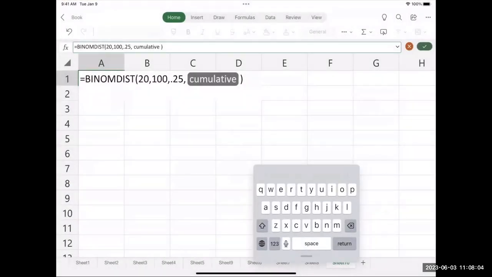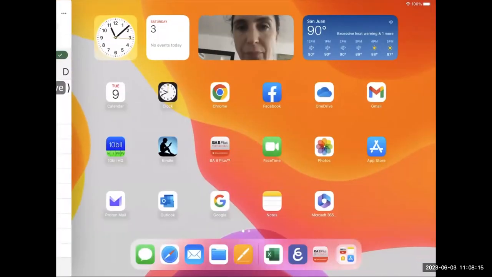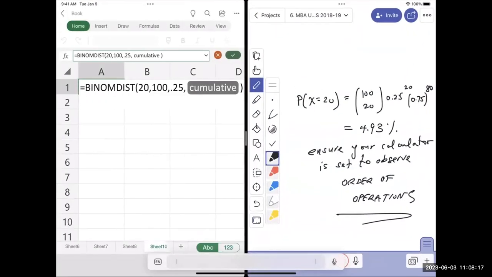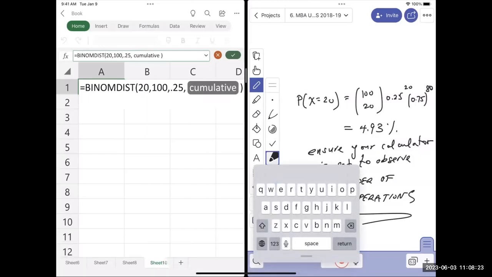Okay. So the question, whoops, drop the iPad. So the question for you, that didn't work. I want the split view. There. Cumulative, 0 or 1? To answer this question.